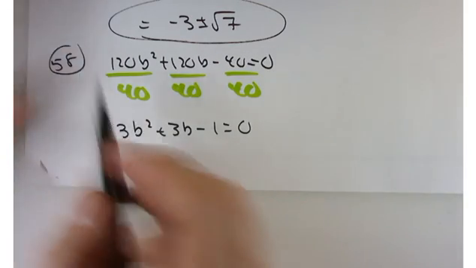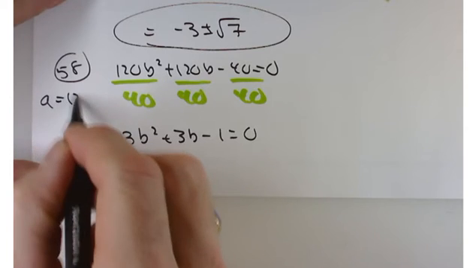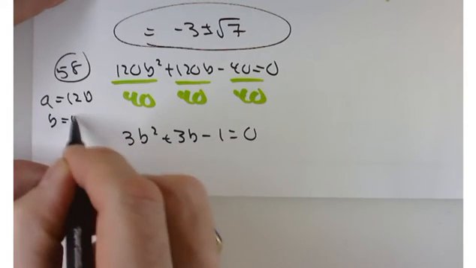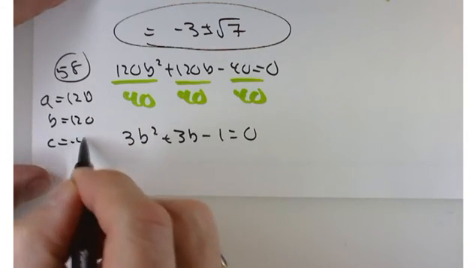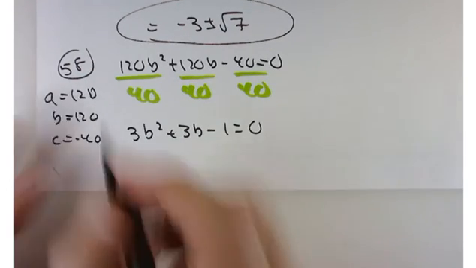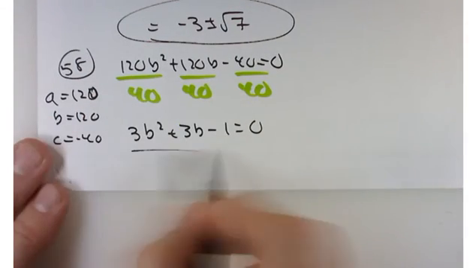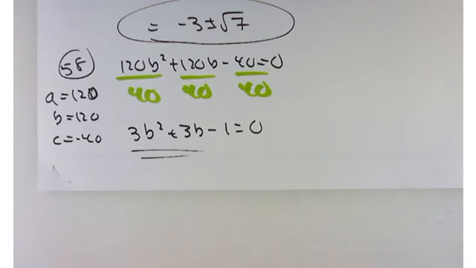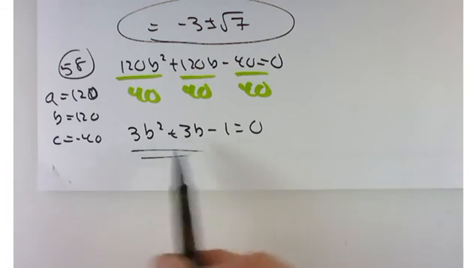You can run the quadratic formula with a equal 120, b equal 120, and c equal negative 40, and work from there. Yeah, I think I'm going to do a lot less work by doing it with this one. So, it's up to you. I think I'd recommend this second course of action, though.